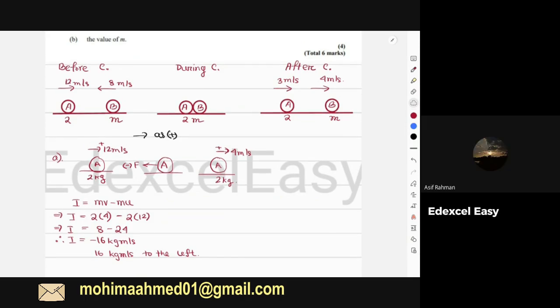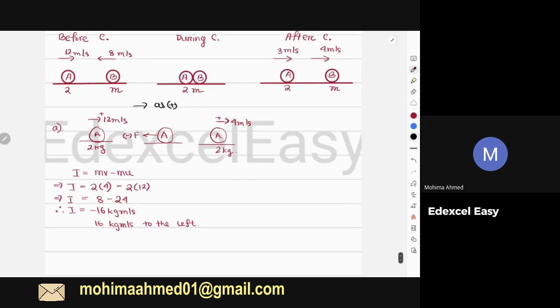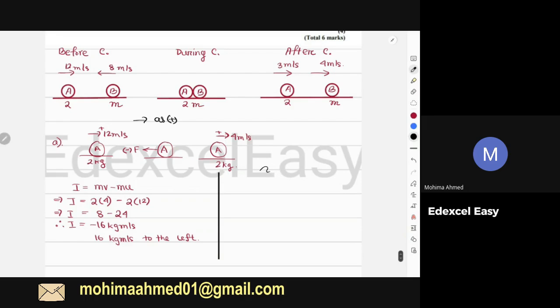No. Okay. Now in part B, they're asking you to find the value of m, which is the mass of particle B. You can calculate that using the equation of total momentum before or after collision, or you can use an easier approach. As I already know, the impulse for particle B will be the same magnitude but in the opposite direction, so the impulse for particle B will be 16.